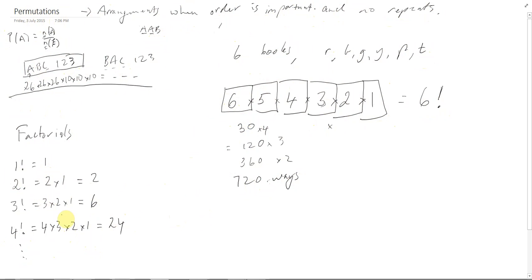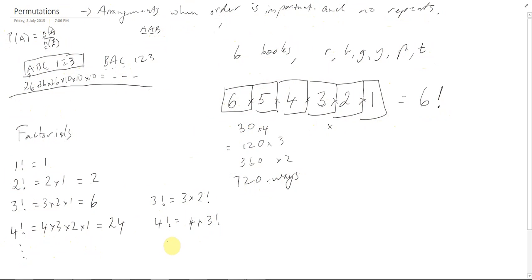Now, do you notice that 4 factorial is the same as 3 factorial, but with a times 4? So 4 factorial is actually just 4 times 3 factorial. And 3 factorial was just 3 times 2 factorial.